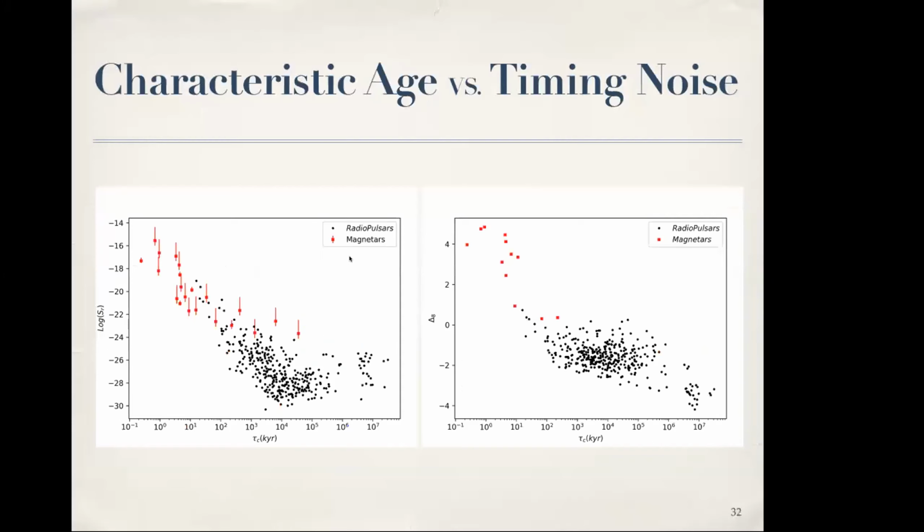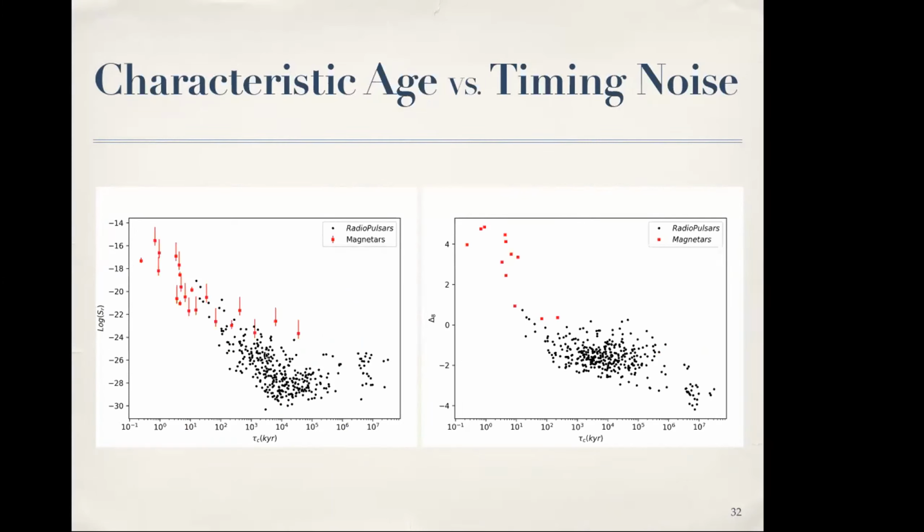The other correlation is between the characteristic age and timing noise strength, and here the accretion powered pulsars are excluded because we do not have exact measurements of their characteristic age due to their accretive nature. From here we can say that there is an anti-correlation between the characteristic age of magnetars and their timing noise strength values, and they form a continuum with the radio pulsars.